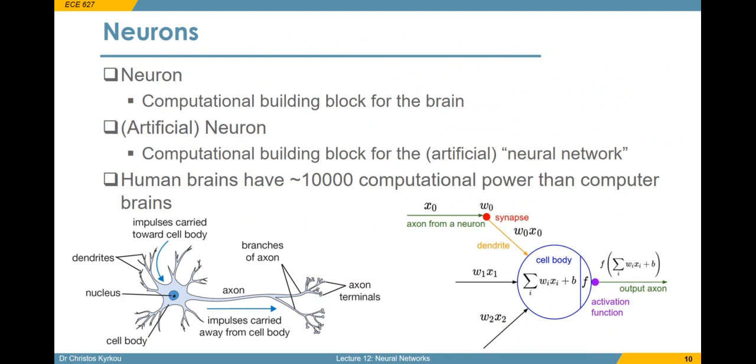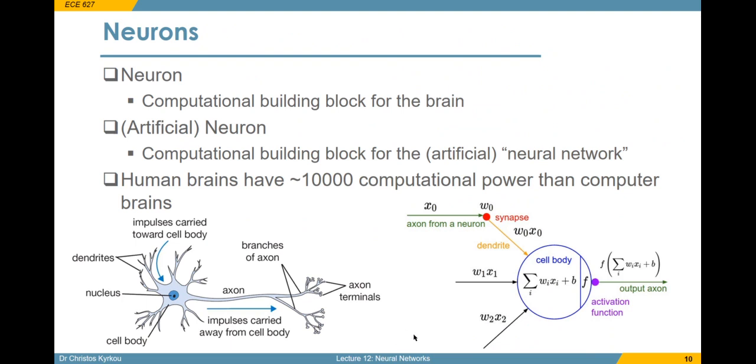And also an important fact is that human brains have much more computational power than a typical computer brain, and are much more power efficient. So we're a long way from having a real biological neuron replication, even though a lot of scientists try to replicate the neuron operations in silicon using different techniques and specific hardware.